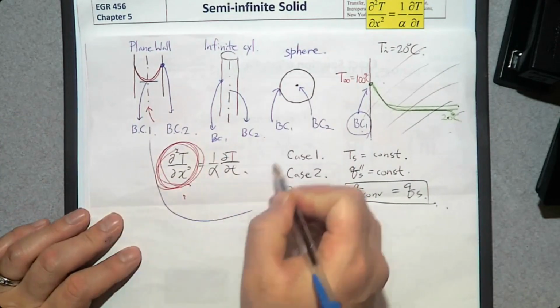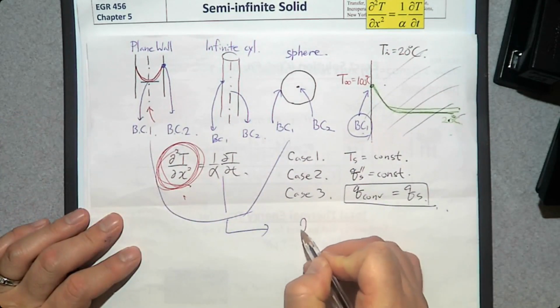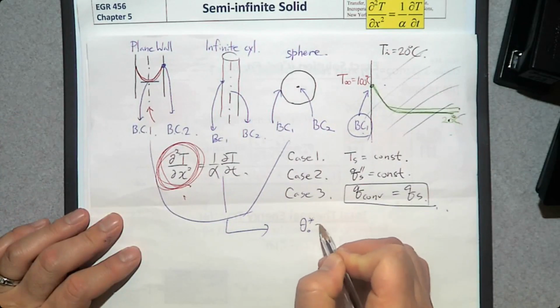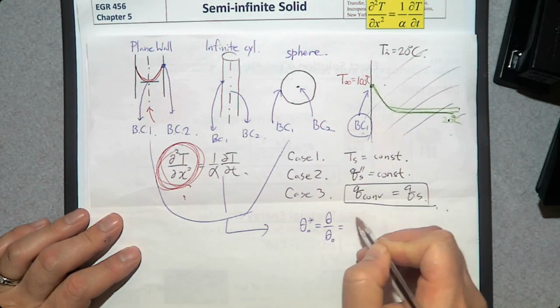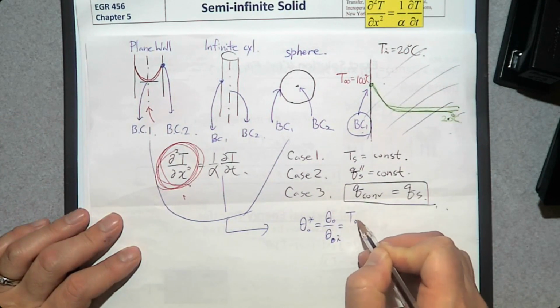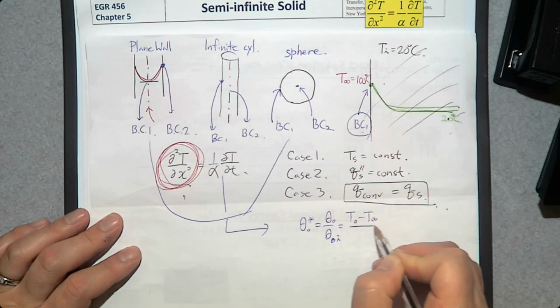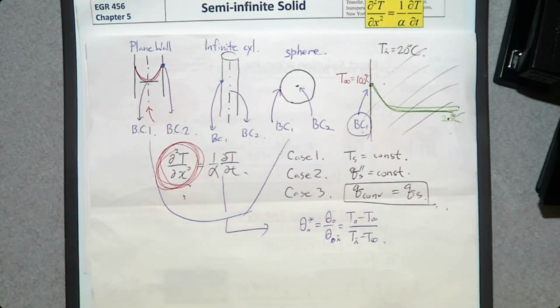The governing equation for these 3 is theta 0 star, which is theta divided by theta i, that is (T0 minus T infinity) over (Ti minus T infinity). So theta star is kind of the temperature scale, non-dimensionalized.